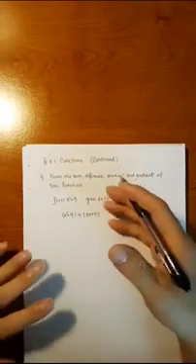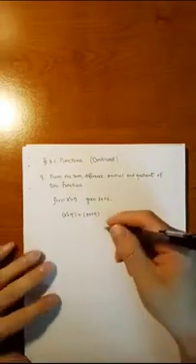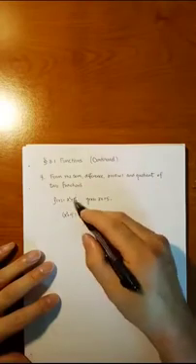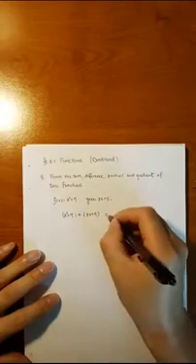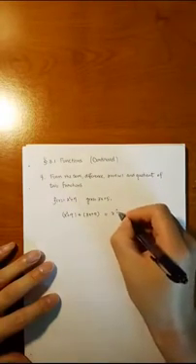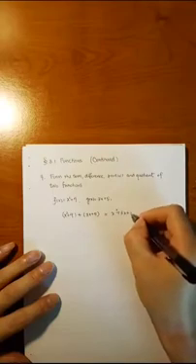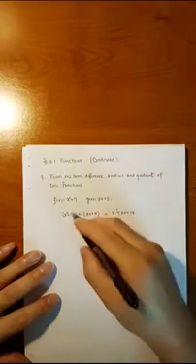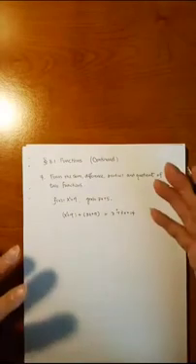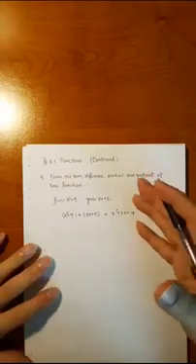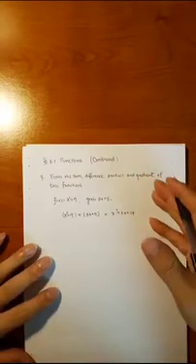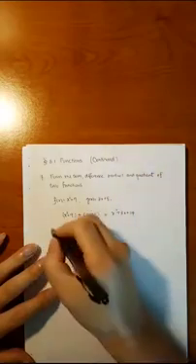You can add these two functions together, or you can add these two expressions together and form a new function. Okay, so you add these two expressions together and you get a new function, and this is considered as the sum of two functions.